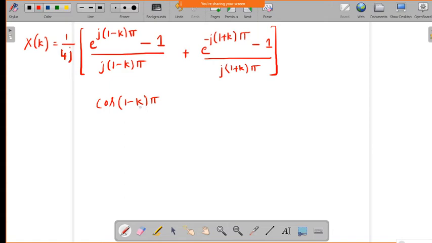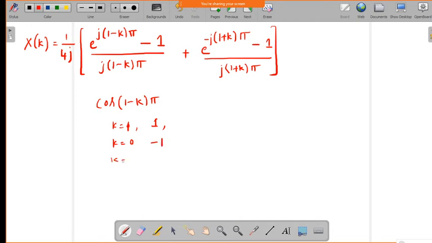Say for example, if I put k value equal to 0, we will get cos of 0, that will become 1. Similarly if you put k value equal to 1, you will get cos of pi, so that will become minus 1.